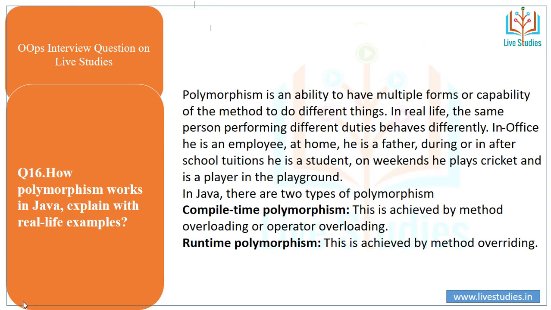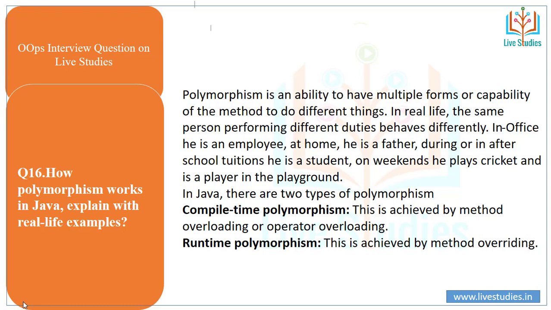So another question is, how does polymorphism work in Java, with a real-time explanation? Polymorphism means the ability to have multiple forms, the capability of a method to do different things. It means one name and different forms.